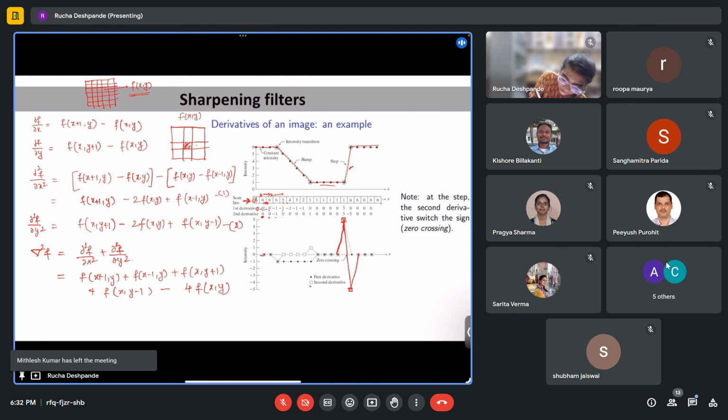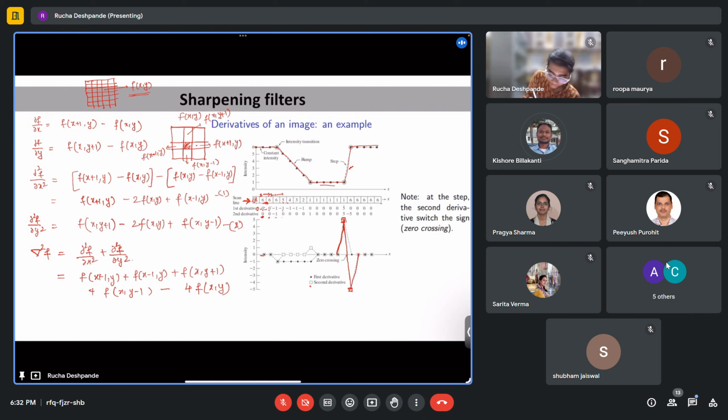This will be f of x plus 1 comma y, which calculates the derivative along the x direction. This pixel would be f of x comma y plus 1, this pixel f of x minus 1 comma y, and this pixel f of x comma y minus 1.